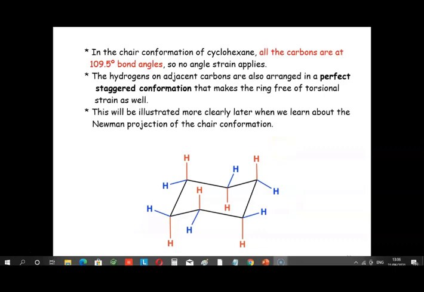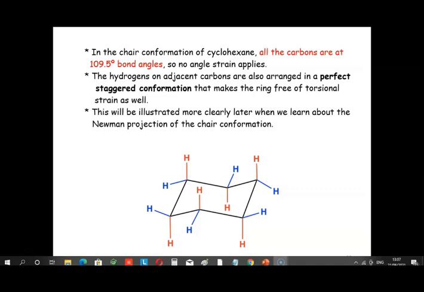Now, in the chair conformation of cyclohexane, all the carbons are at 109.5 degree bond angles, so there occurs no angle strain. The hydrogens on adjacent carbons are also arranged in a perfect staggered conformation, which makes the ring free of torsional strain as well.